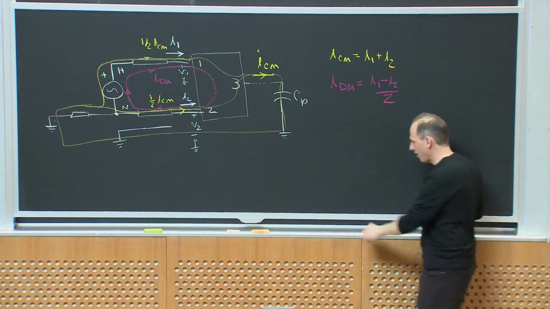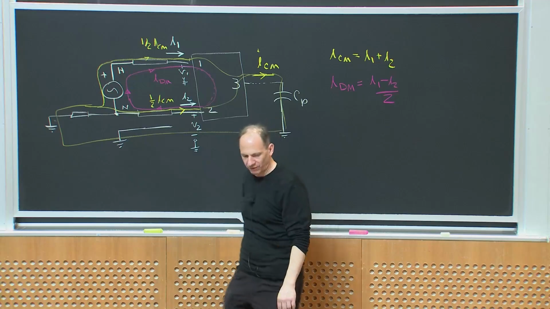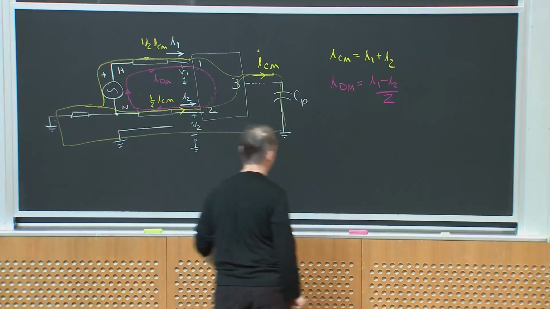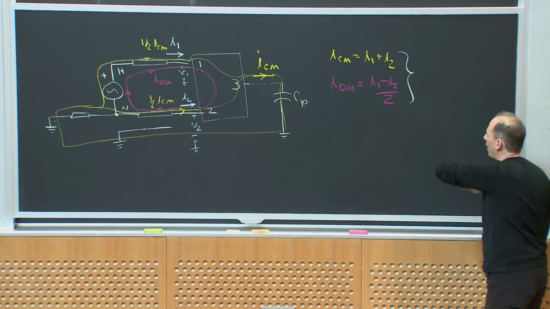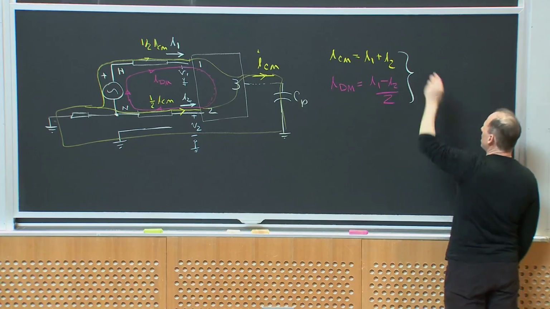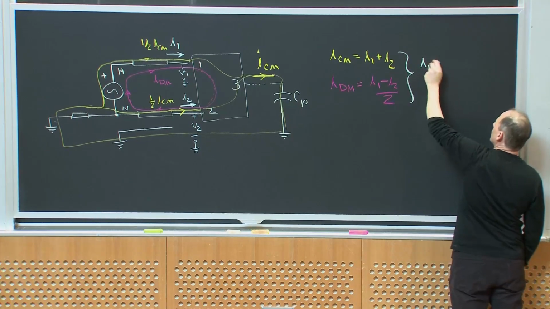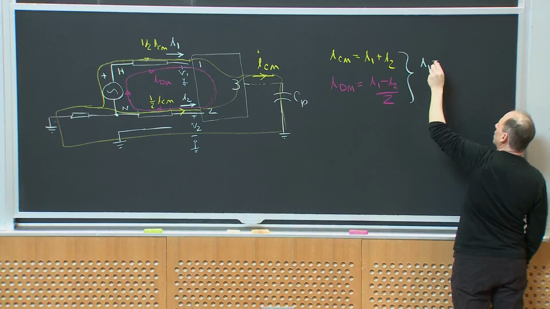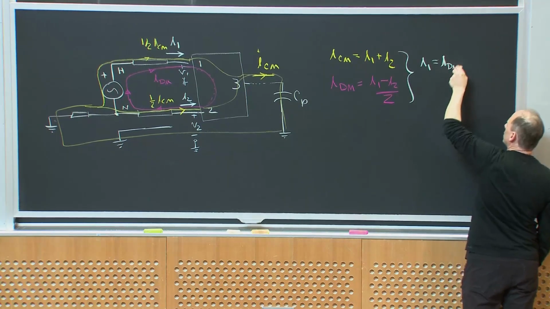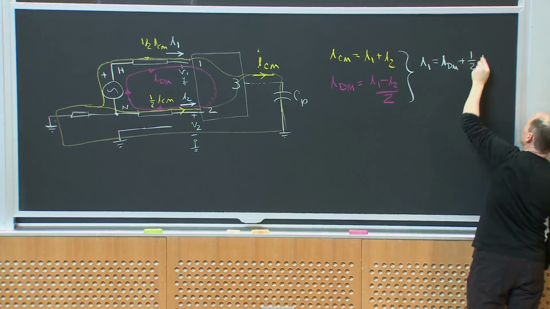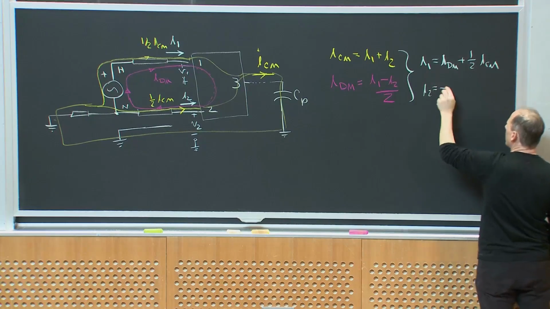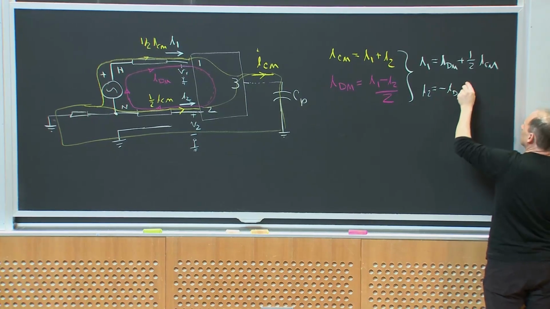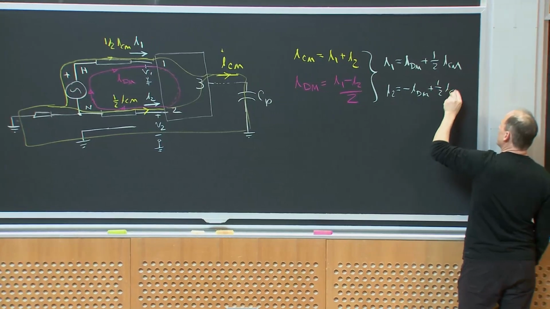If I apply those two definitions and recombine, I get I1 is equal to IDM plus 1/2 ICM, and I2 is equal to minus IDM plus 1/2 ICM.